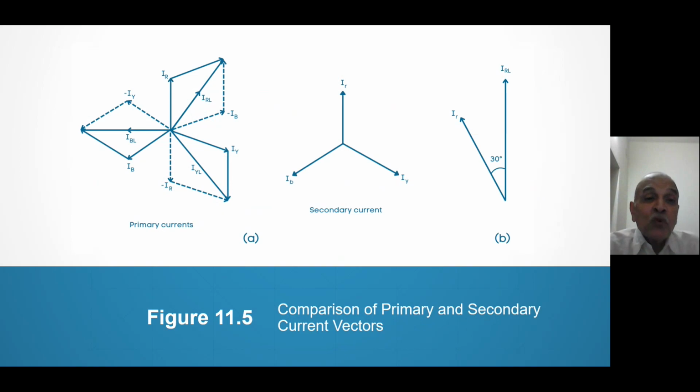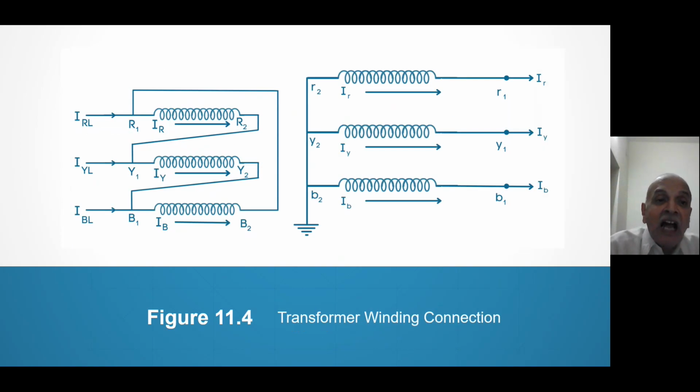And then if you see the IRL, so what happens? IB plus IRL is equal to IR. IB plus IRL.